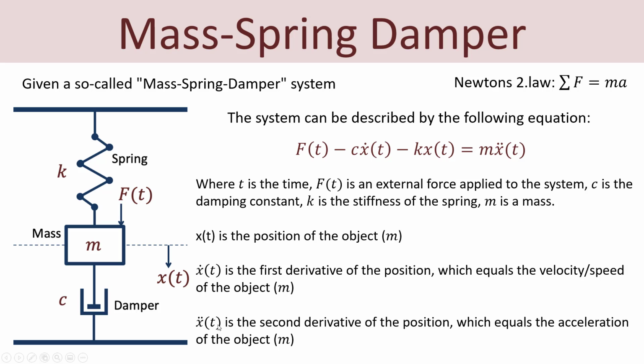And the second derivative of the position x is the acceleration of the object m. So basically, this is the differential equation for the mass spring damper system that we will implement and simulate using Python.